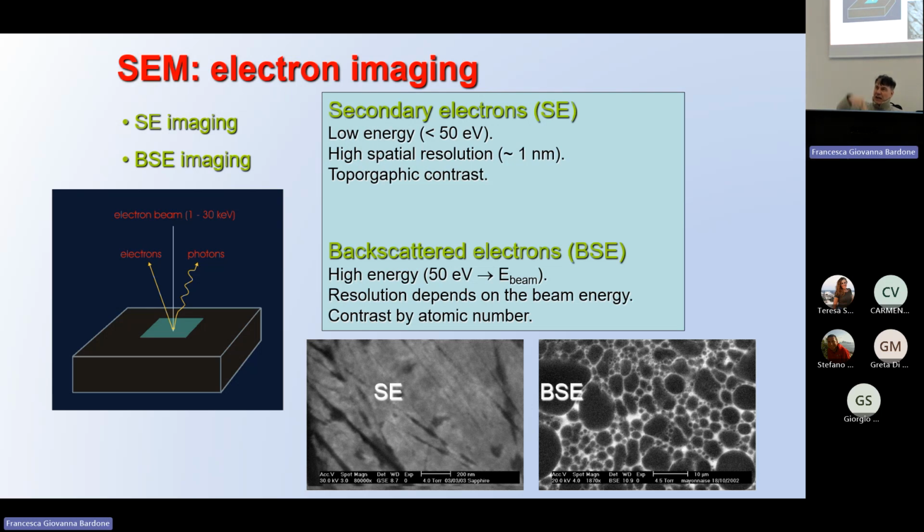I am using fast electrons to hit the surface, but this device collects only the electrons with very, very small energy, which come out after the interaction. Since these electrons have very low energy, the volume from which they come should be very small and close to the surface.